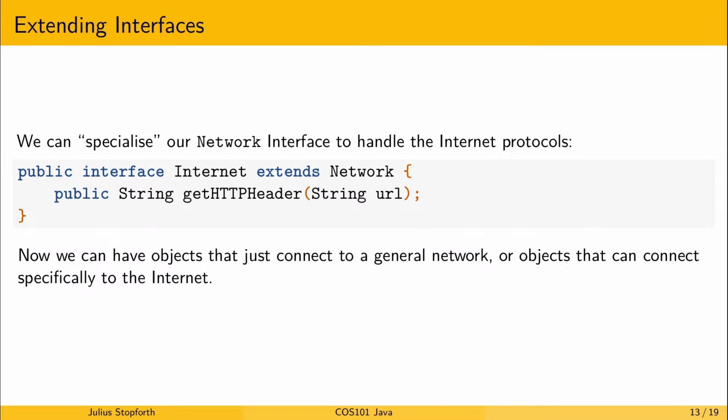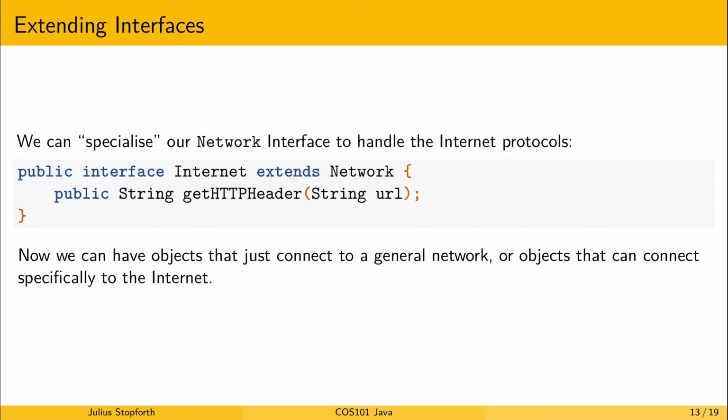So we can have objects that are able to connect to a general network, or objects that can specifically connect to the internet. If you had a phone, you can imagine how a phone has an internet network connection, but it also has a mobile network interface, right?